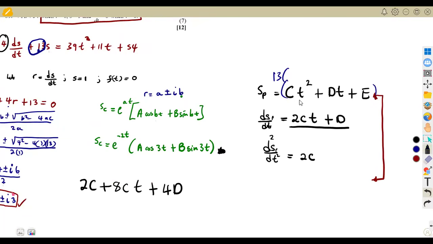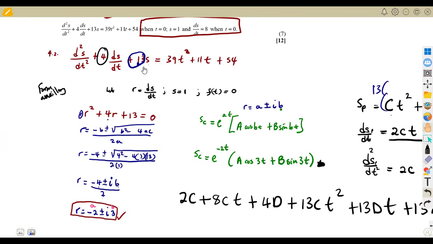Let us multiply 13 times this s that we had: it's going to be 13ct squared, 13 times d, which is 13dt, 13 times e, which is 13a. Remember, this is our sp, the one that we are multiplying by 13. After substituting, it must be equal to the quadratic.